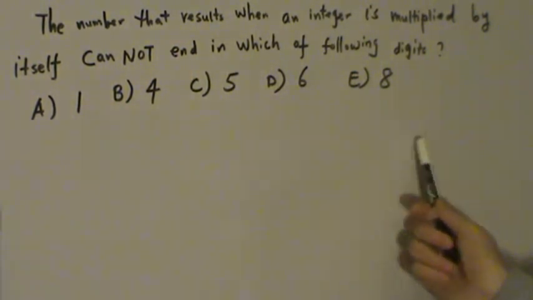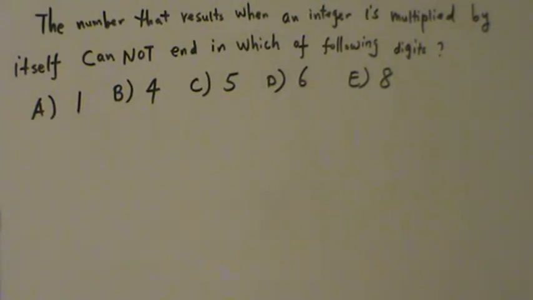But it's actually asking when any integer is multiplied by itself, which of these are not going to be the last digit. I tried to clear that up. I'm not sure if I did, but let's just move on.